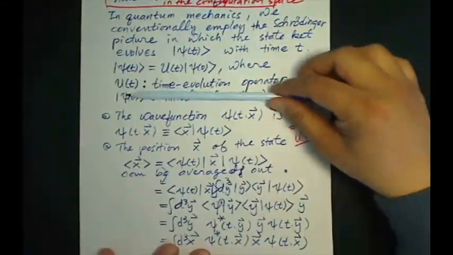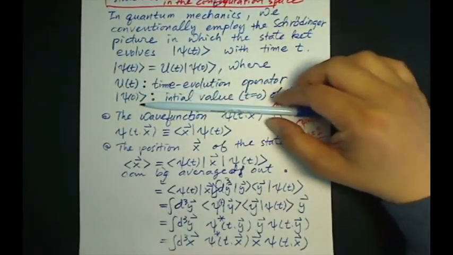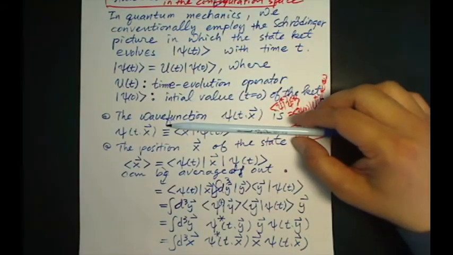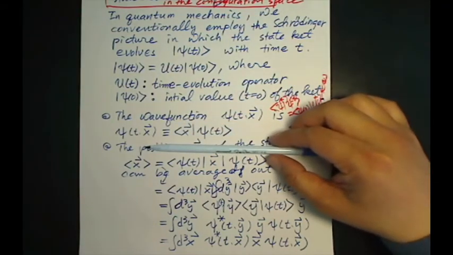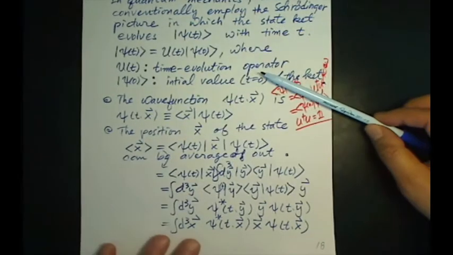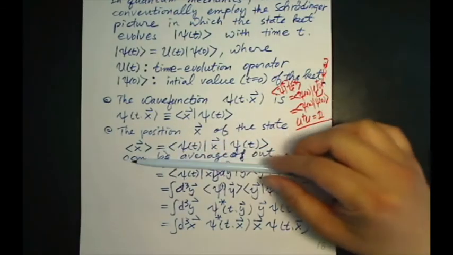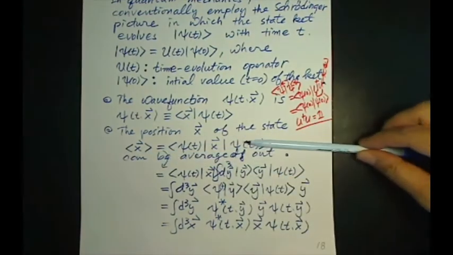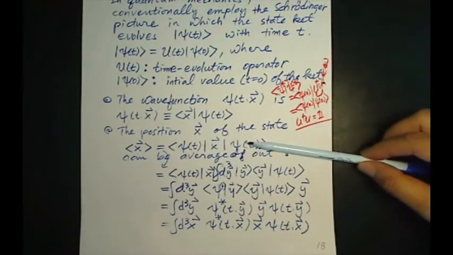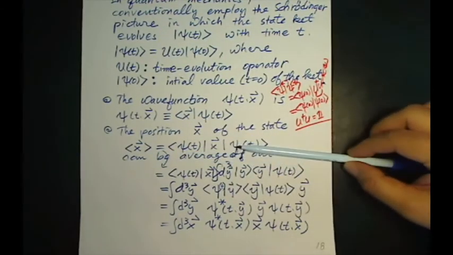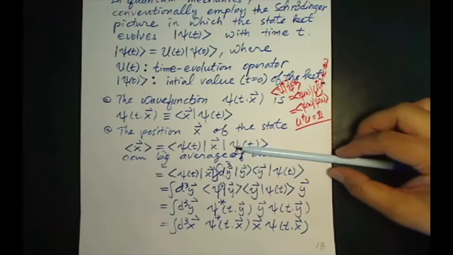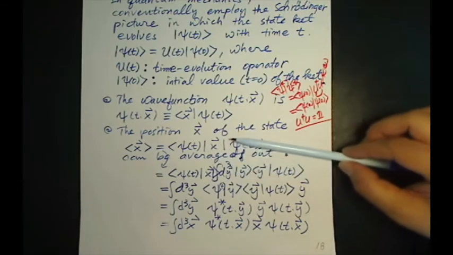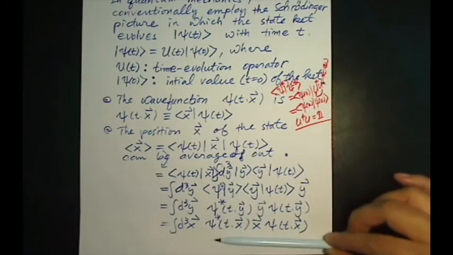If we multiply this time evolution operator, then we have a wave function at time t. The position x of the state can be computed by taking the average value, and this average value is also called the expectation value, and that can be computed in the following way.